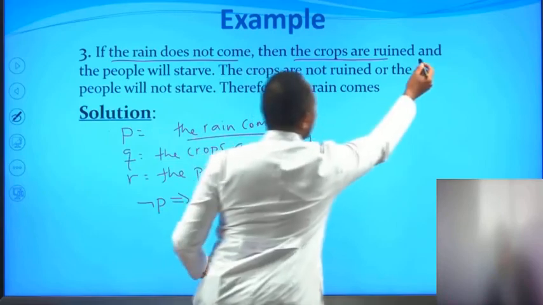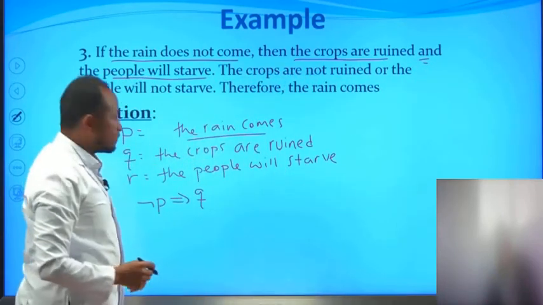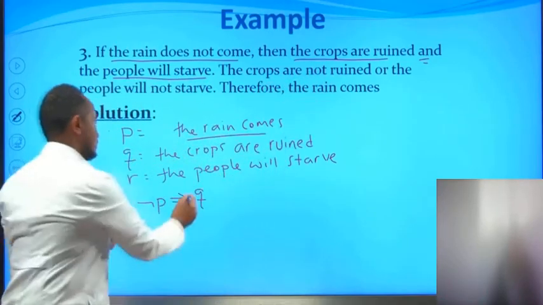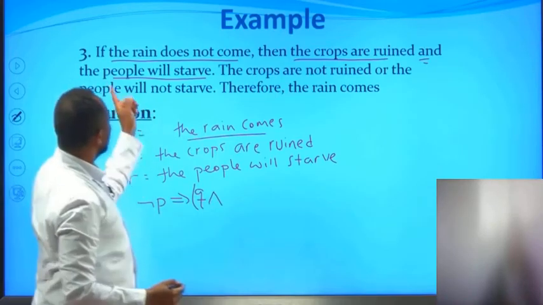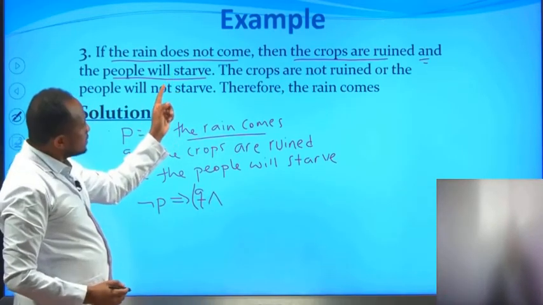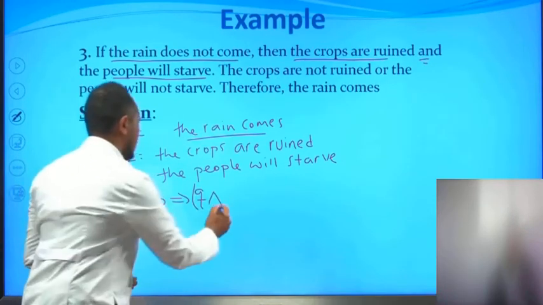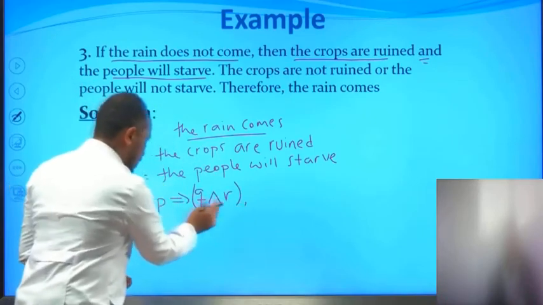The crops are ruined and the people will starve. Here the crops are ruined is Q, and the people will starve is R, so Q and R. Okay, this is one premise.